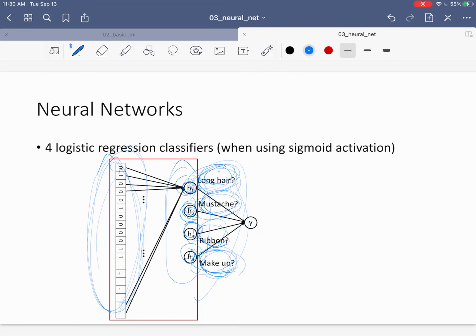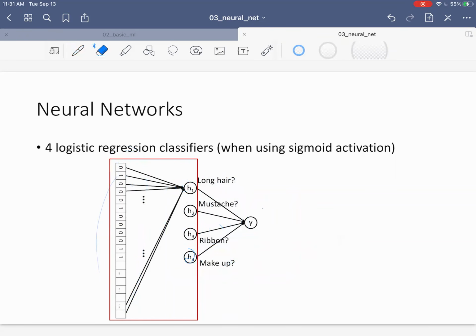So when these factors were decided here, like long hair 0.1, mustache 0.9, ribbon 0.2, makeup 0.15, then this 4-dimensional vector, 0.1, 0.9, 0.2, 0.15, will be the input to the final logistic regression.